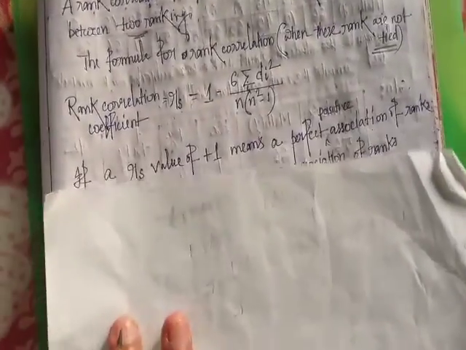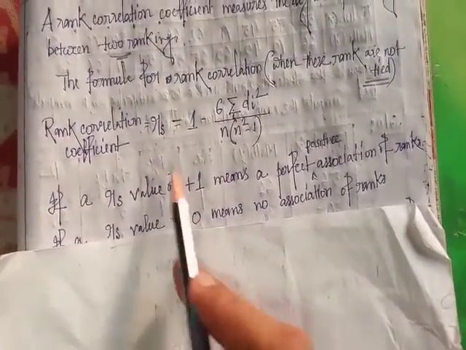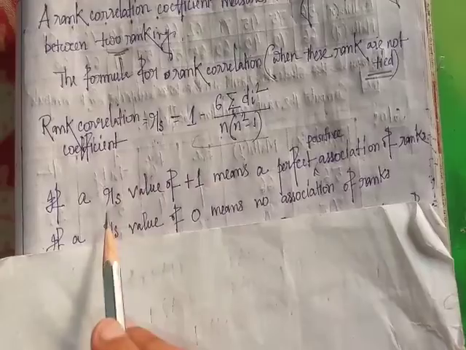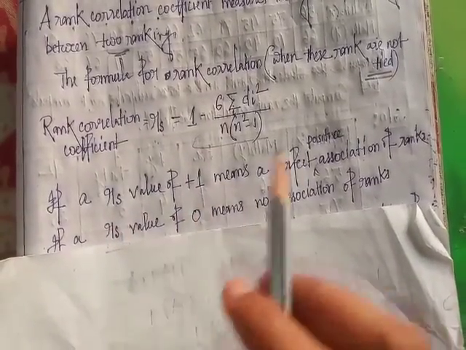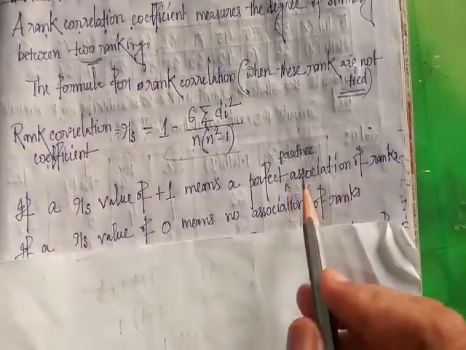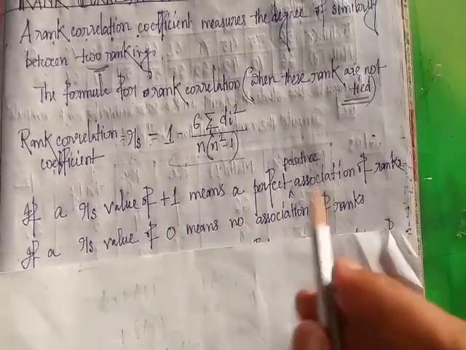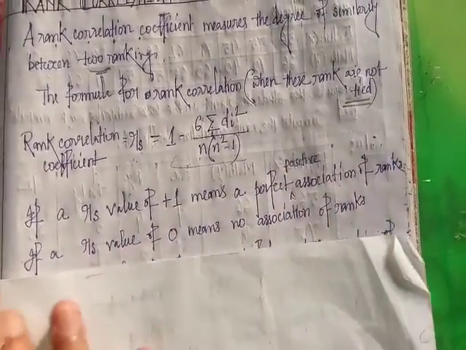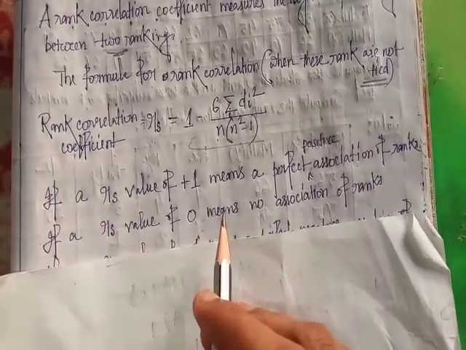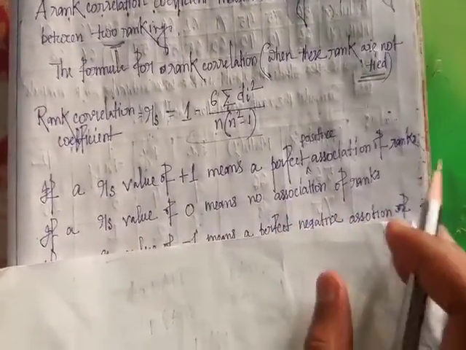If Rs takes value plus 1, then it's called perfect positive association of ranks. If Rs takes value 0, then it's called no association of ranks.